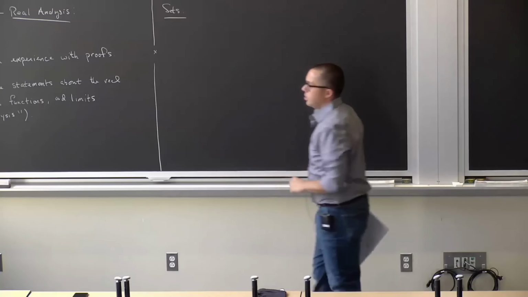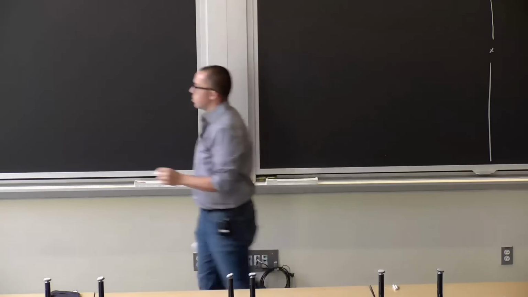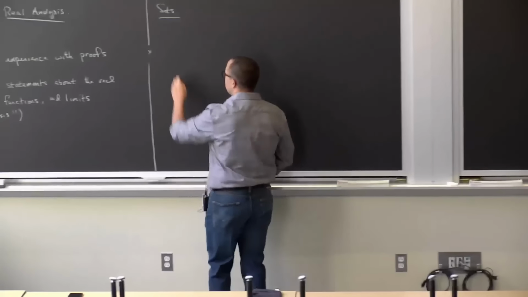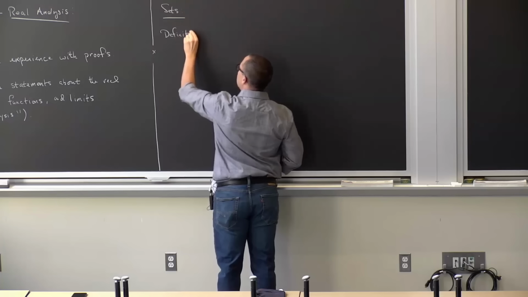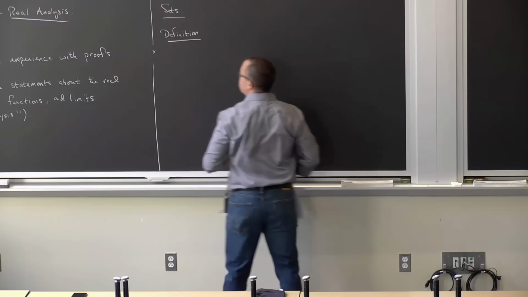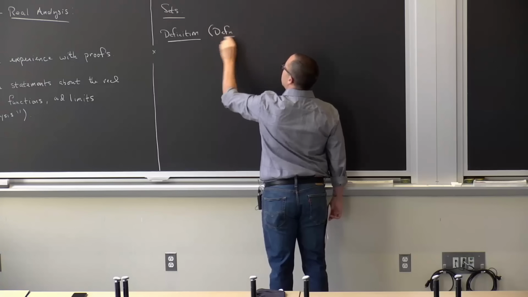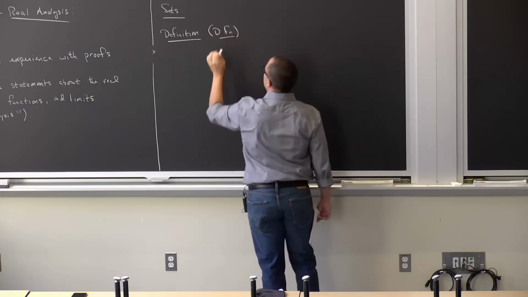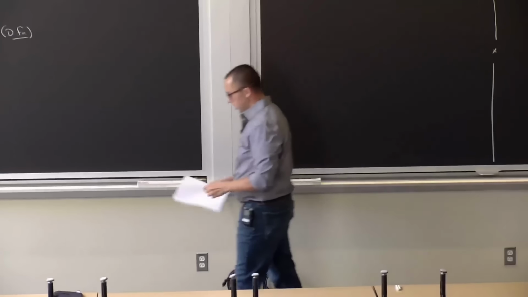So the first set of objects we're going to define and try to prove some statements about are sets. Definition, and because I use a lot of shorthand, I will mostly write DFN from now on instead of the entire word definition.